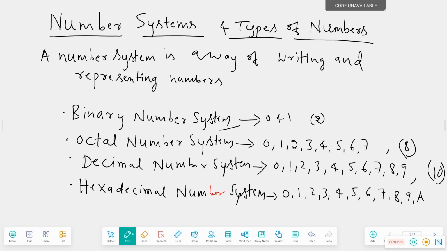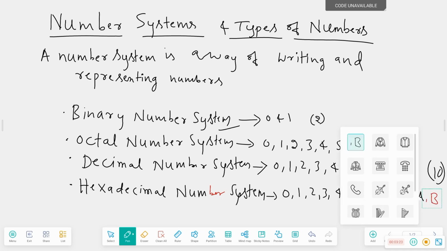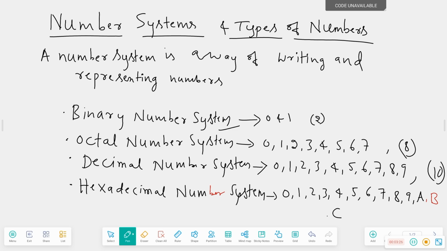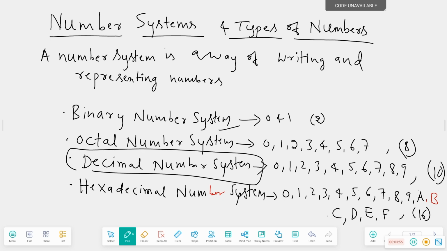For 10 we are going to denote by capital A, 11 by B, and C, D, E, so 10, 11, 12, 13, 14 and 15 are A to F. These are the 16 digits we are using in hexadecimal number system, and the base of the hexadecimal number system is 16. See, normally decimal number system is the number system which we are commonly using for the calculation in our everyday life.